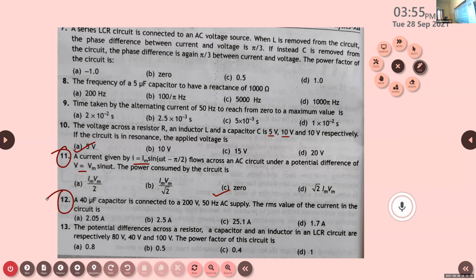A 40 microfarad capacitor is connected to a 200 volt 50 hertz AC supply. The RMS value of the current in the circuit is 2.05, 2.5, 25.1, or 1.7 ampere.